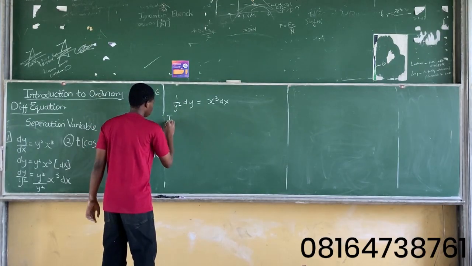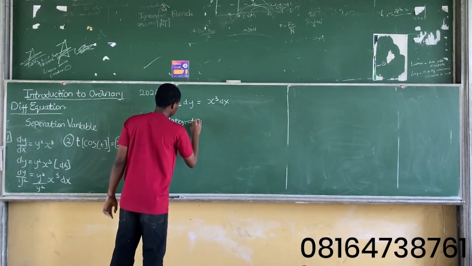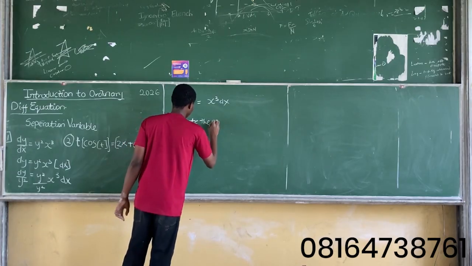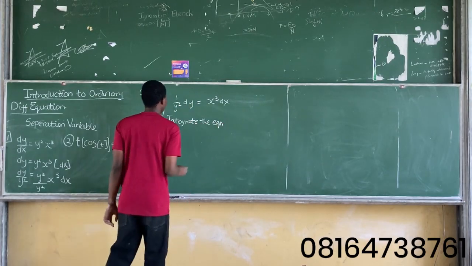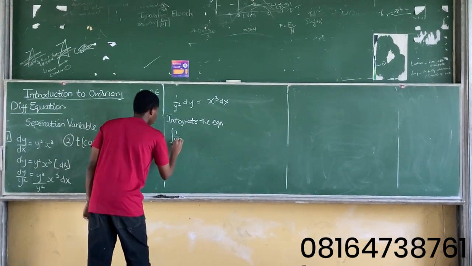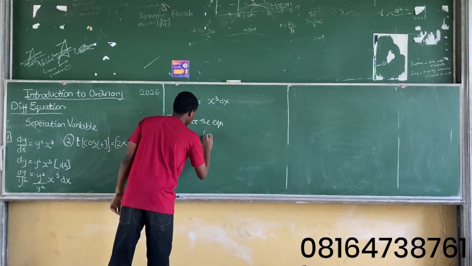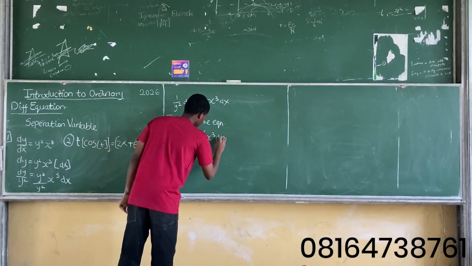So we are going to integrate. This is going to be the integral of 1 over y squared dy is equal to the integral of x cubed dx.